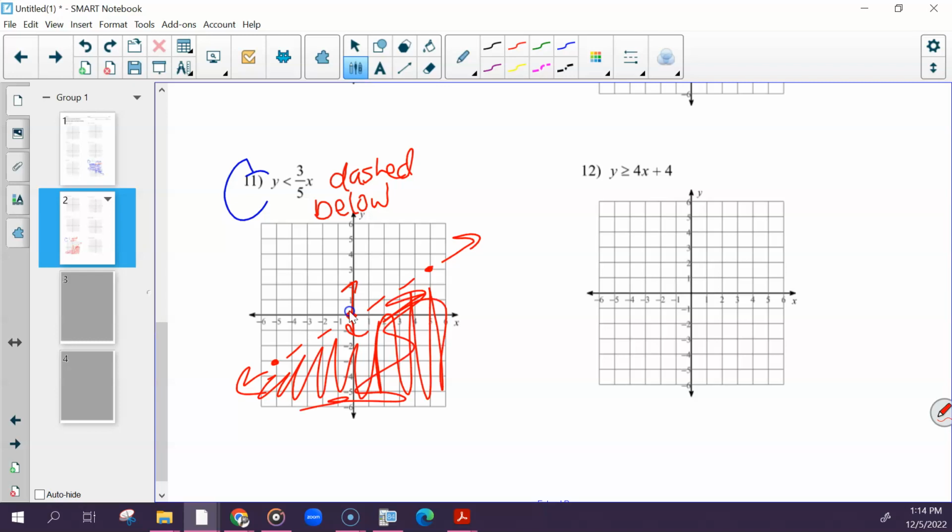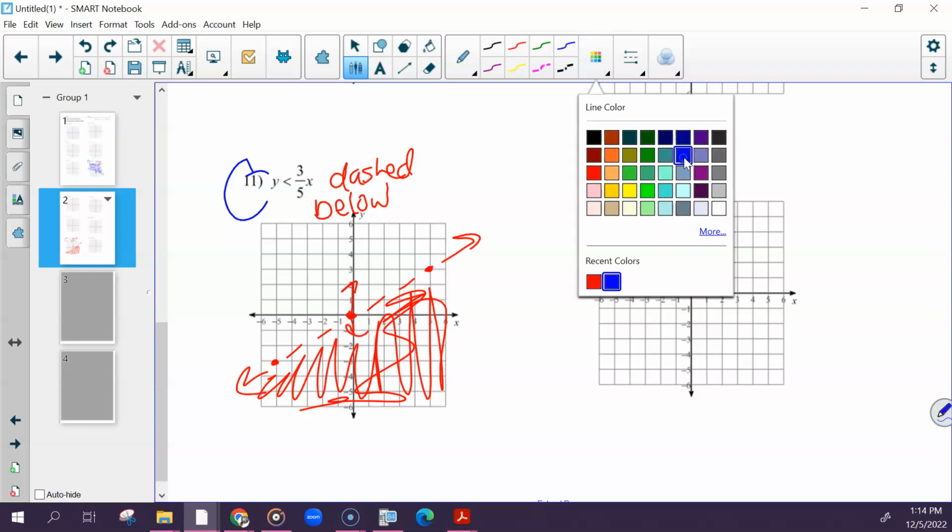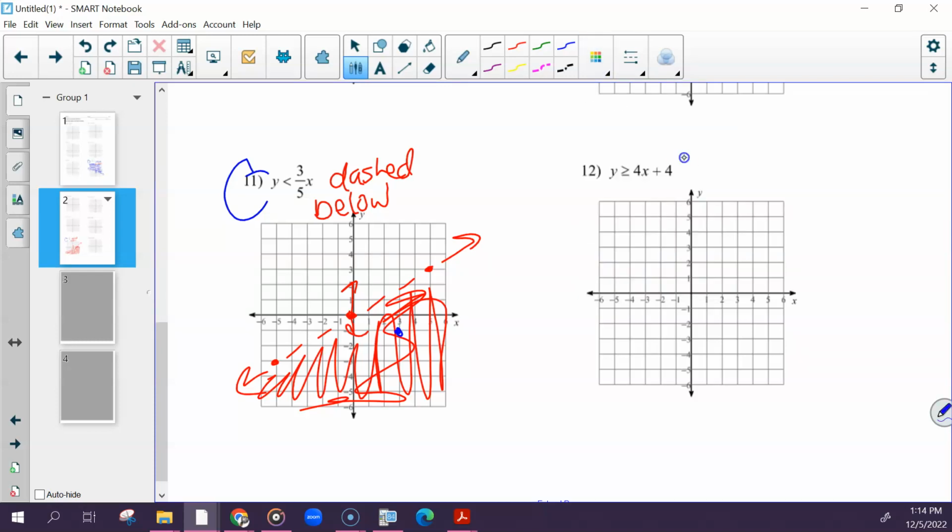Give me one ordered pair that would fall in the shaded area. Questions on that? A solution can fall on the line, right? For solid lines only.